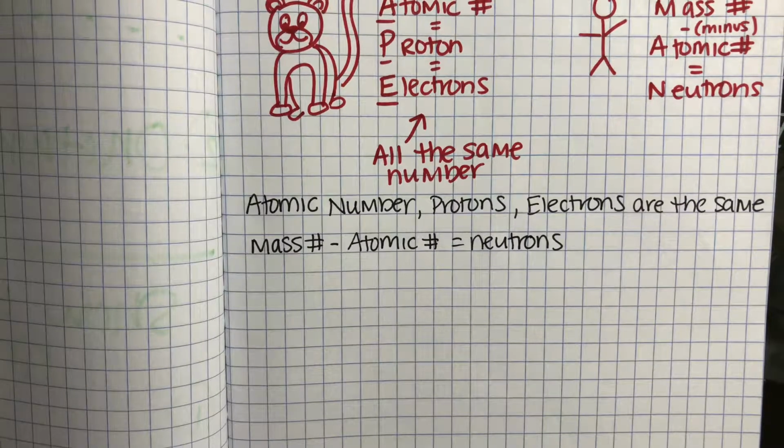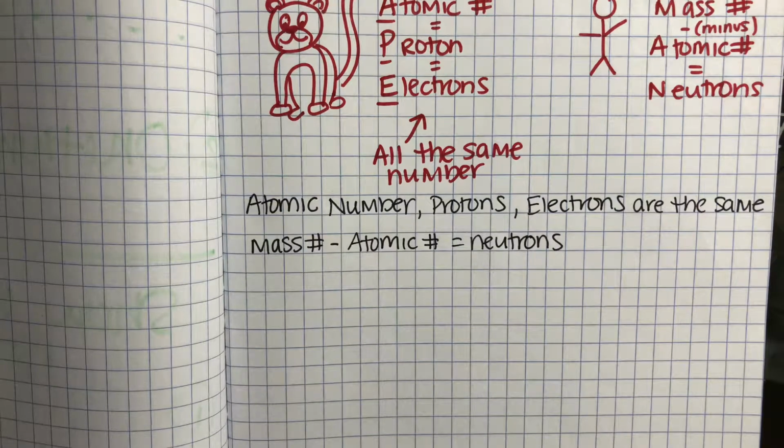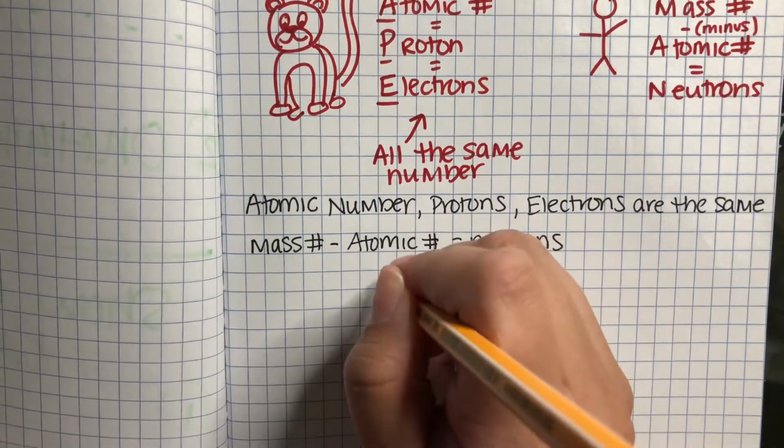Okay, and so now what we're going to do is talk about that element square. We were looking at the periodic table of elements yesterday, but we didn't talk too much about what each of those squares has in it. So the first thing that I'm gonna have you guys do is draw your square.